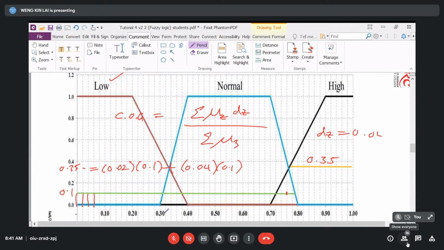So to shortcut this, I will get 0.02 plus 0.04 plus 0.06 until this is somewhere at 0.76, times 0.1.